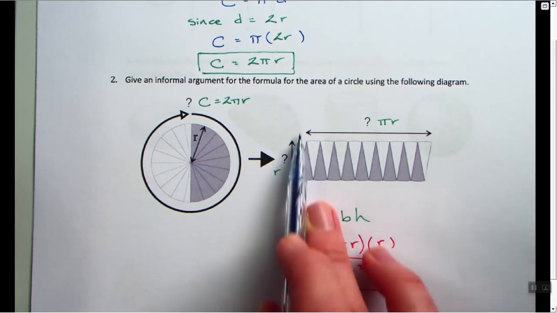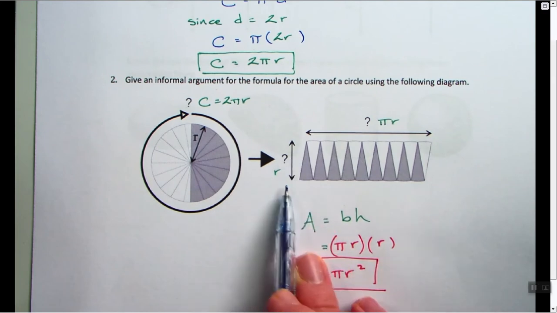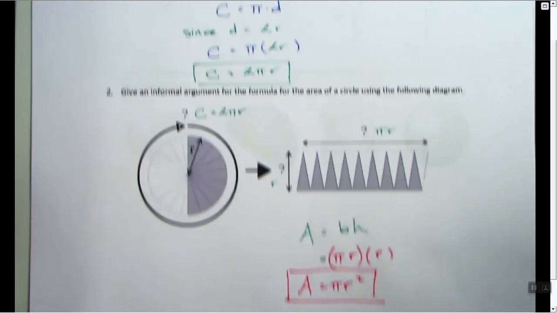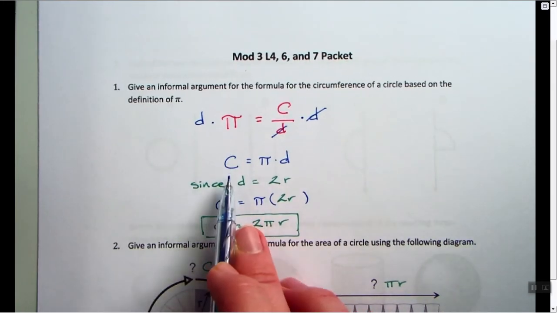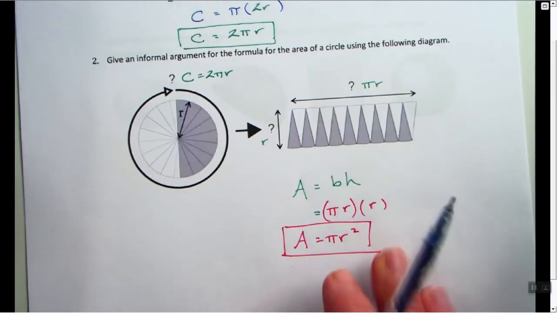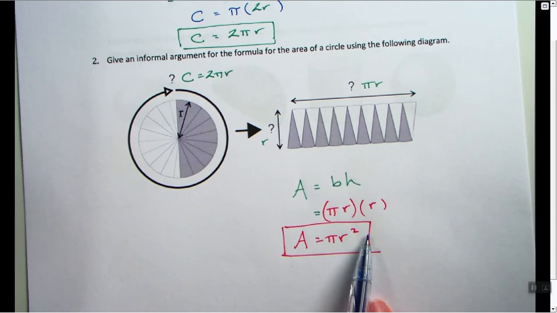This height is the radius, and so using area is base times height for our parallelogram, you get pi times r, which is pi r squared. Keep in mind that a mnemonic for this is: cherry pies are delicious, and apple pies are too.